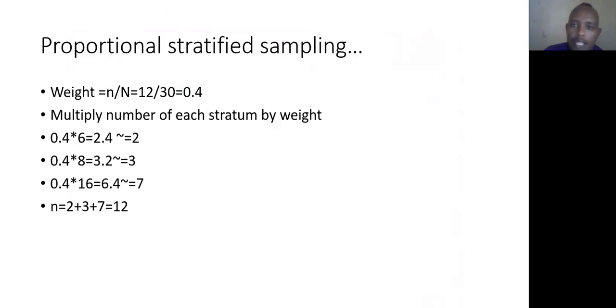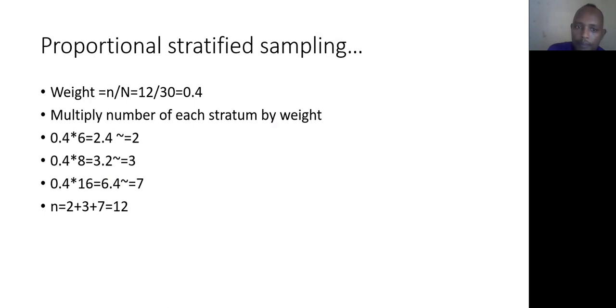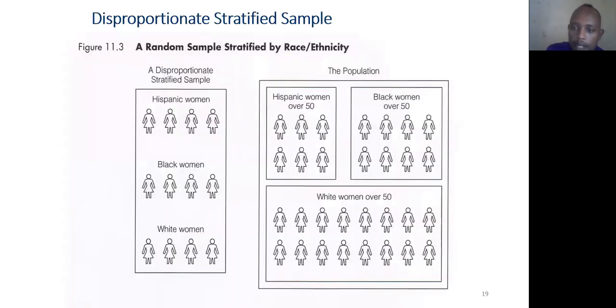To use the proportional stratified sampling method, firstly we need the weight. To get the weight, we divide the sample size by the total population size. For example, if we want to take 12 women as a sample, we divide 12 by 30. 30 means the total number of the population.